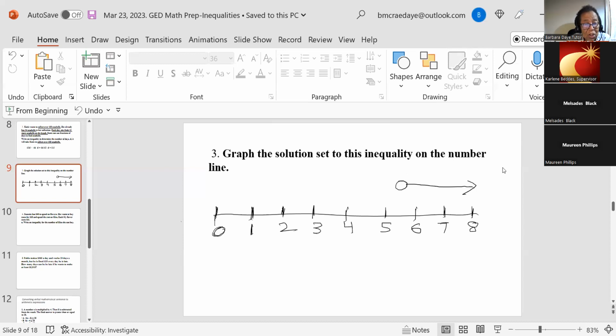So to get 66 at 12 per day, that's how you got the 5.5. Now anything greater than 5.5, because it's not greater than or equal. When it's an open circle, it's greater or less than, and does not include the number. All right. Okay. Got it?